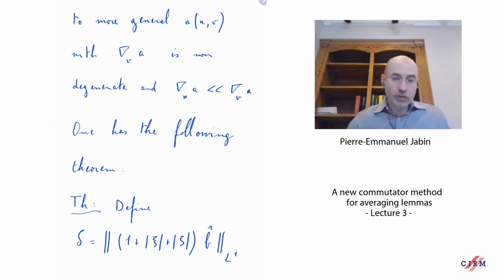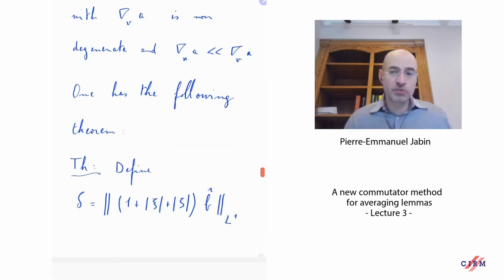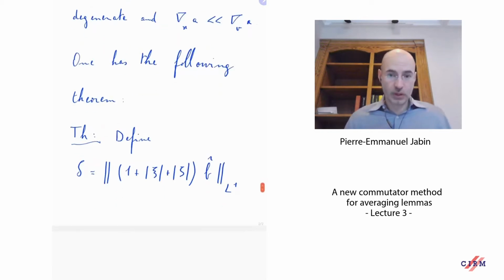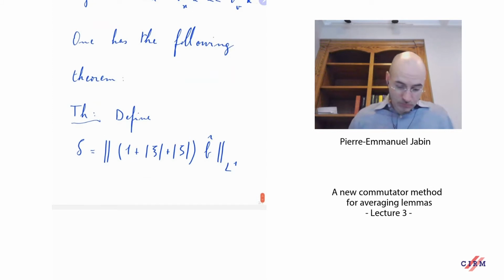Okay, so it's a well-known norm of the Fourier transform of B where you pay with one derivative in X and one derivative in V. Okay. We'll get our usual assumptions.